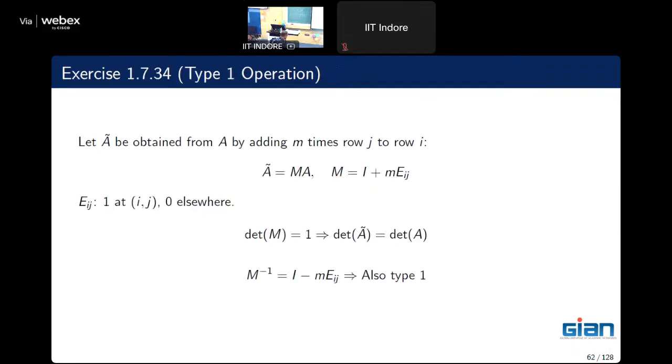Now, similar things we can do by using elementary matrices. For example, if we want to interchange 2 rows, instead of doing the operations, I can use this A11, A12, A21, A22 and multiply by 0, 1, 1, 0.